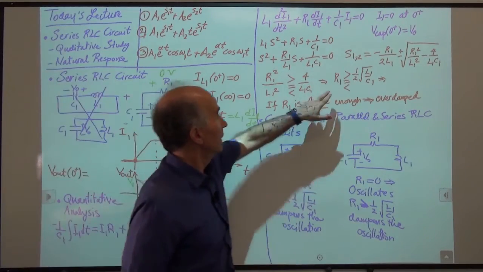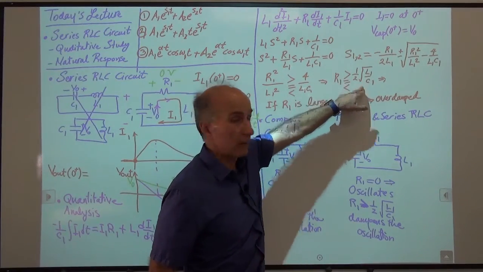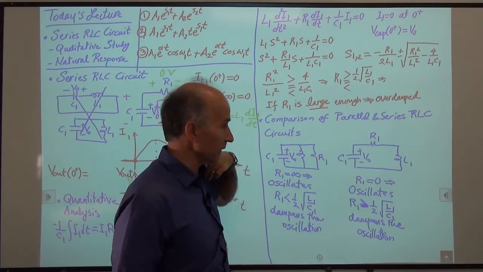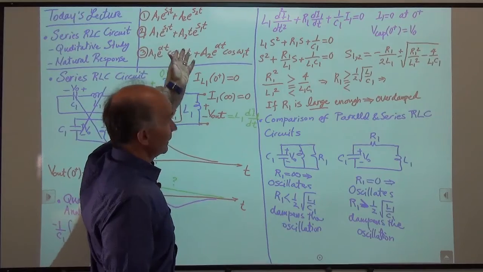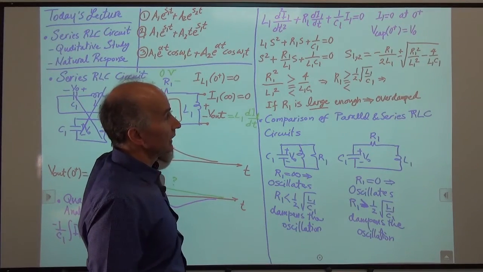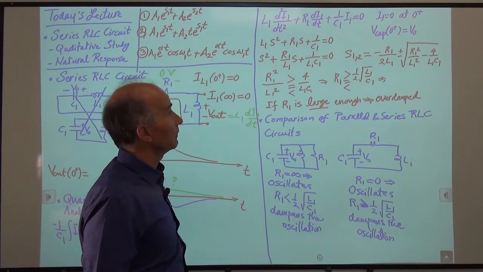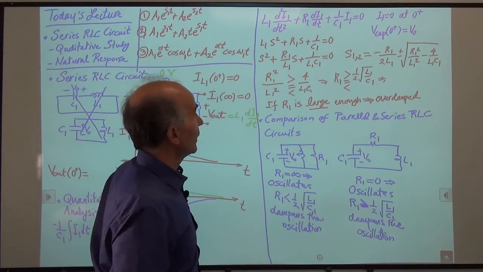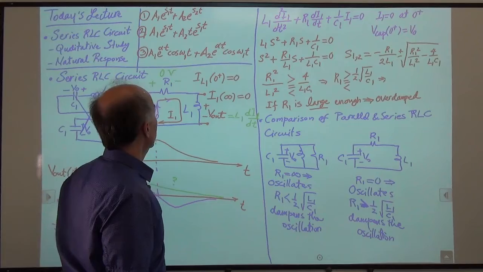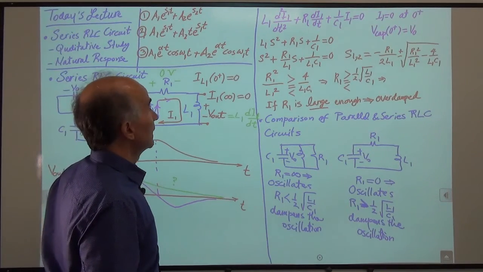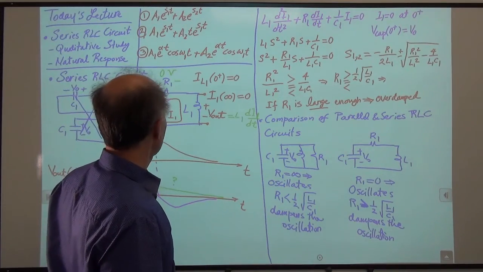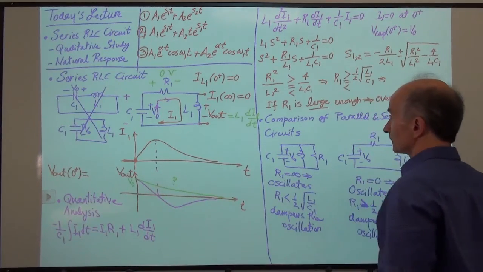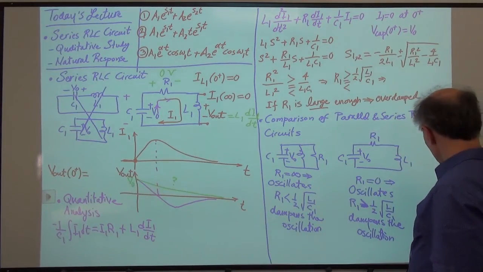And again, based on the value of R1 with respect to this value, we can decide what type of response we should expect. So we're going to just write all these three here, so nothing really to it. But what we need to find are these coefficients. All right? Okay. So let's go ahead and decide what else we can do here. Okay.